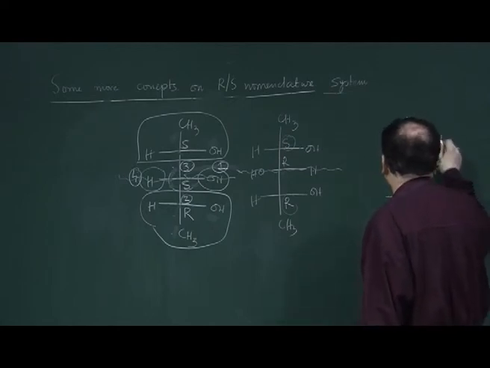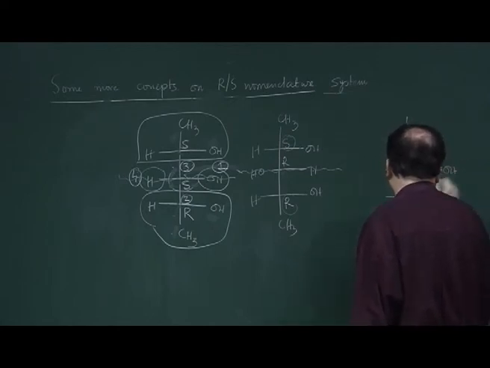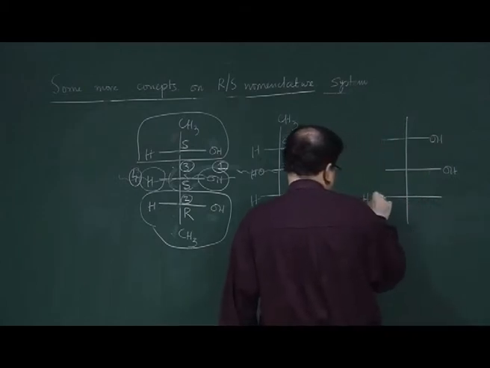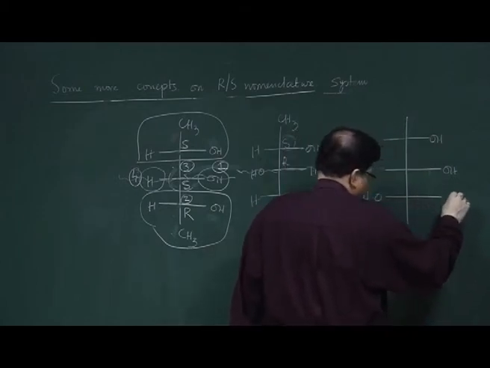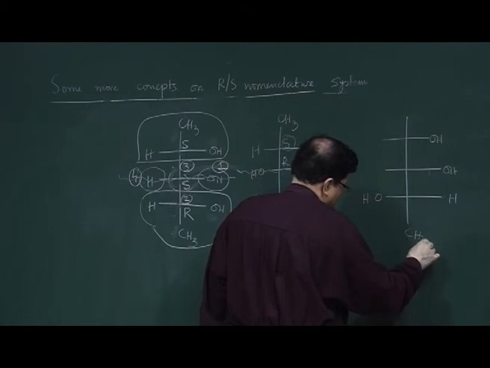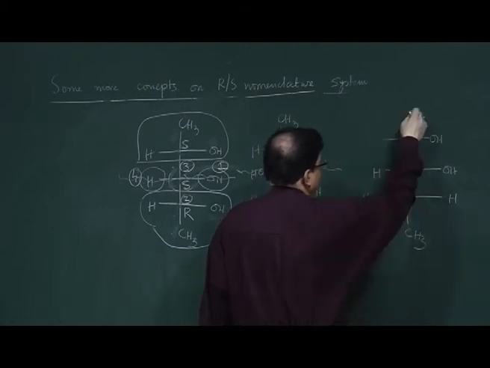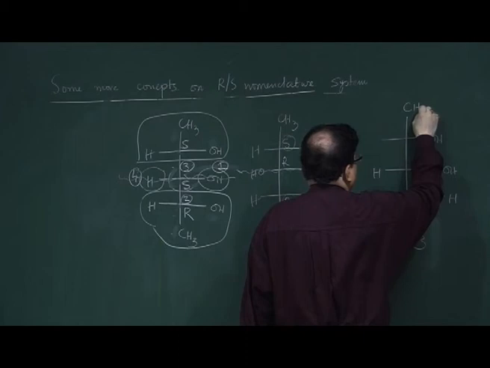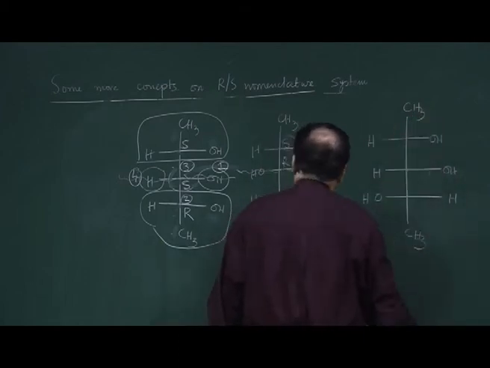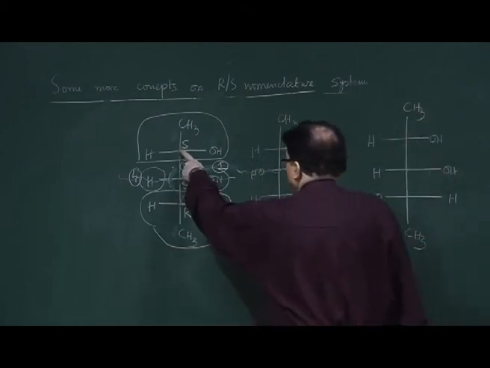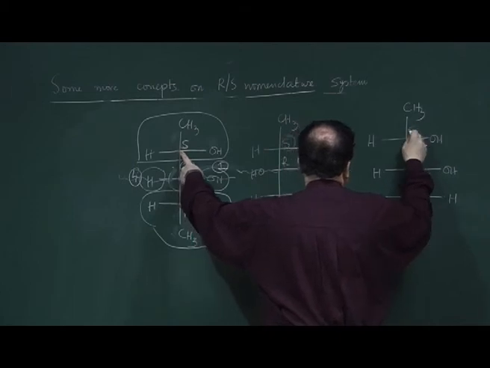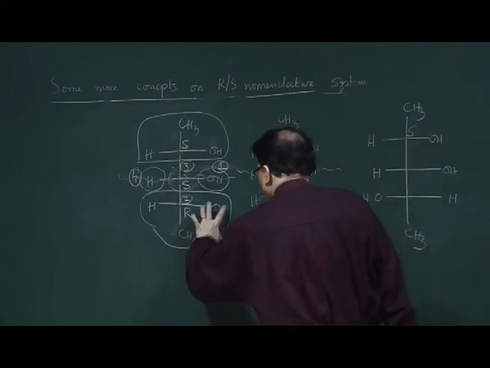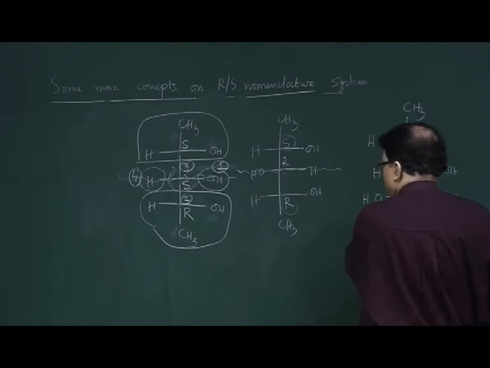Now, if you just draw a similar molecule with similar constitution, but with stereochemistry a little different, like this OH is here, that OH is there, and the OH at the top you put at the bottom, and then see what happens now. Without going into the priority sequence, we can tell, because this carbon remains the same. So, this is S, and for this carbon I have actually interchanged the position of the groups.